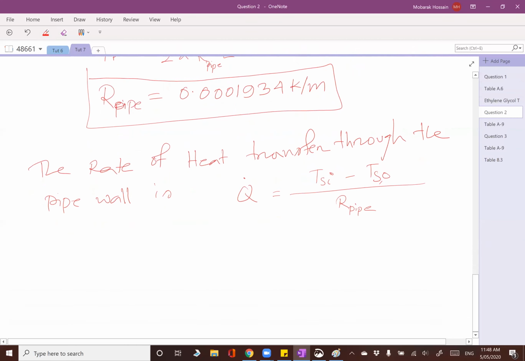Also we know the heat flow rate equals the mass flow rate times Cp times the inlet temperature minus the outlet temperature.